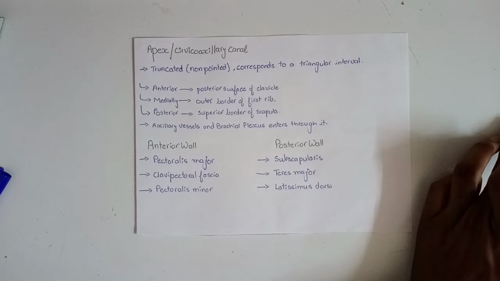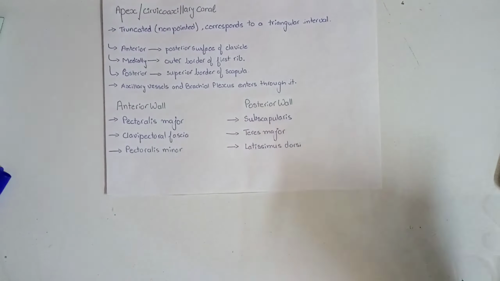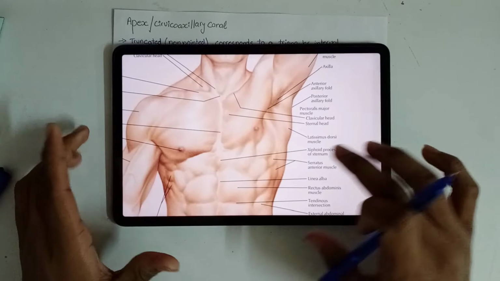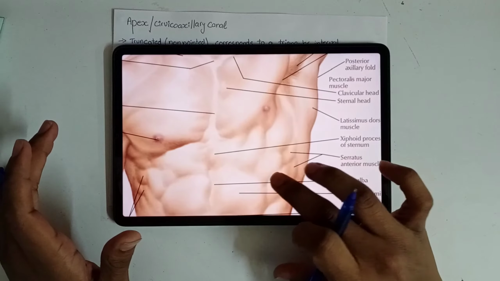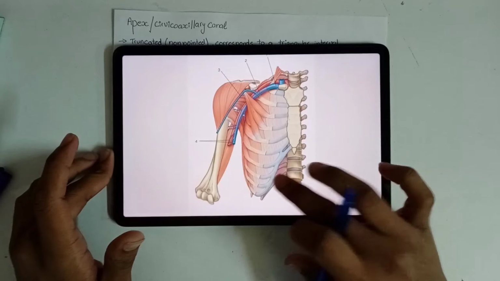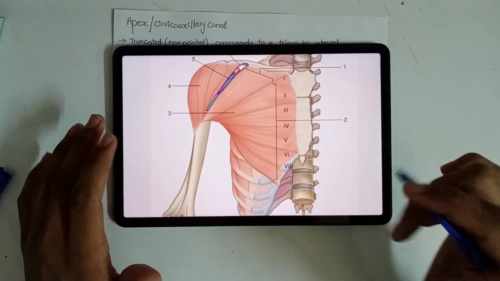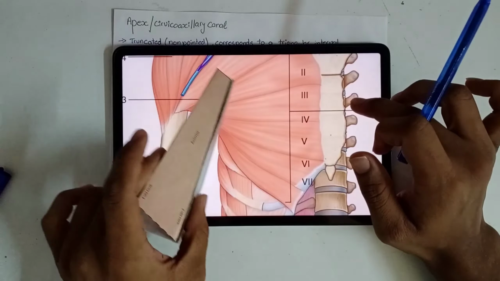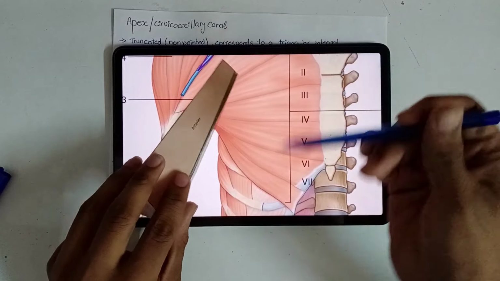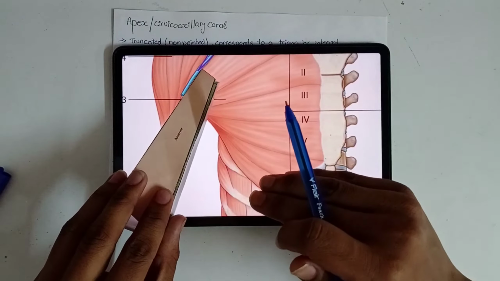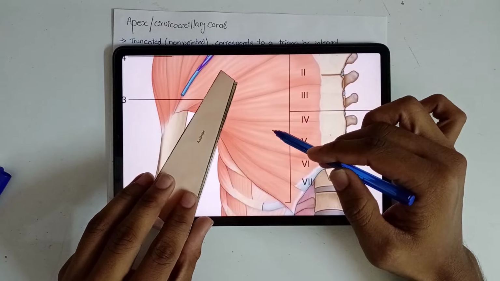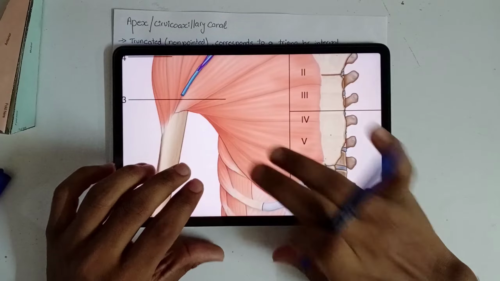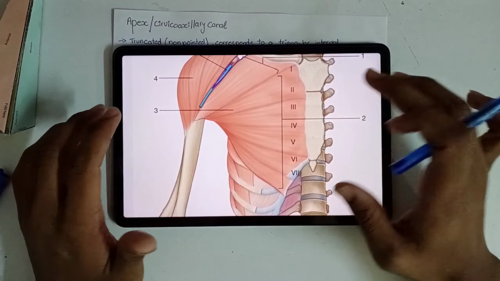Now, the anterior wall. Again showing you with the help of the diagram. This whole muscle forms it, and this is behind this muscle. The anterior axillary wall is formed by pectoralis major. Can you see this?